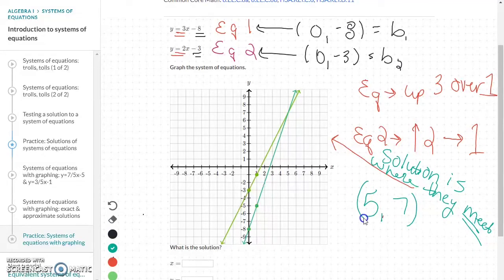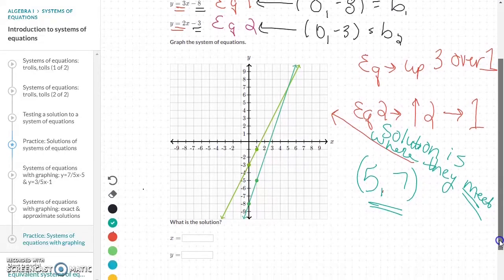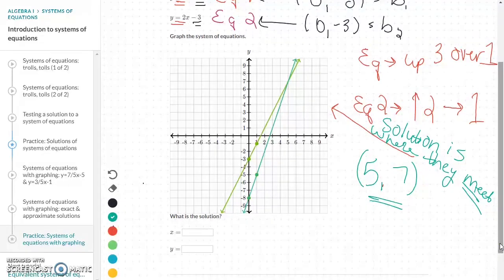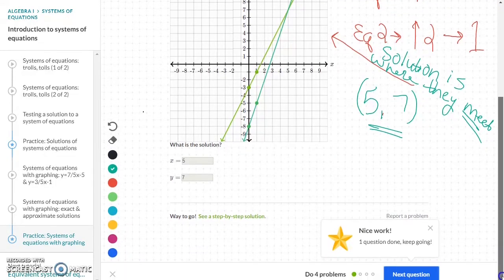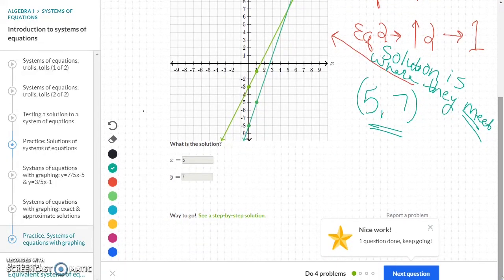I don't know why I'm saying interception, sorry. But it's intersection. And my point of intersection is, drum roll, (5, 7). So when I start at (0, 0), I go to the right 5 times and then up positive 7. That's the point of intersection. That's the point I'm going to type in at the bottom.